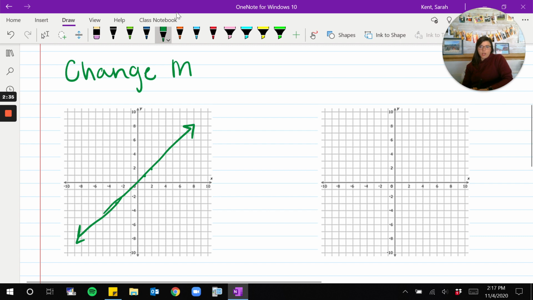So our starting graph looks something like this. If we change our slope, what's going to happen is that if our m becomes bigger than 1, our graph is going to get steeper.